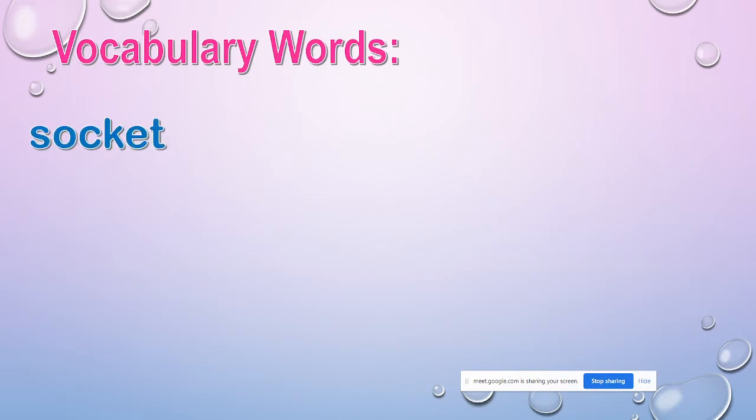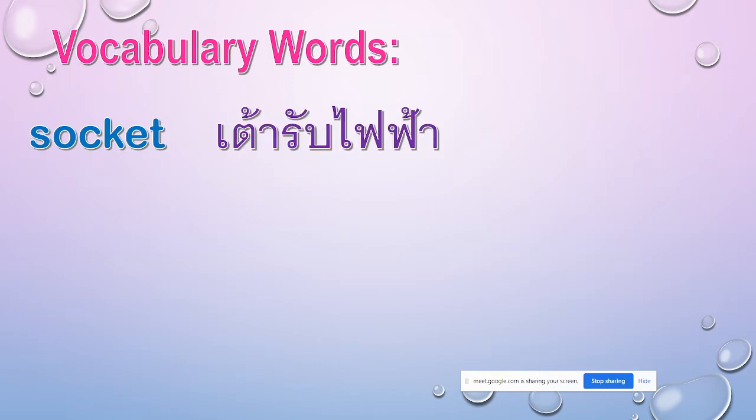First, let us go to our vocabulary words for today. The first one is socket. Can you say that? Socket. When you say socket, there are two sockets that have different meanings. Socket in Thai is เตารับไฟฟ้า.